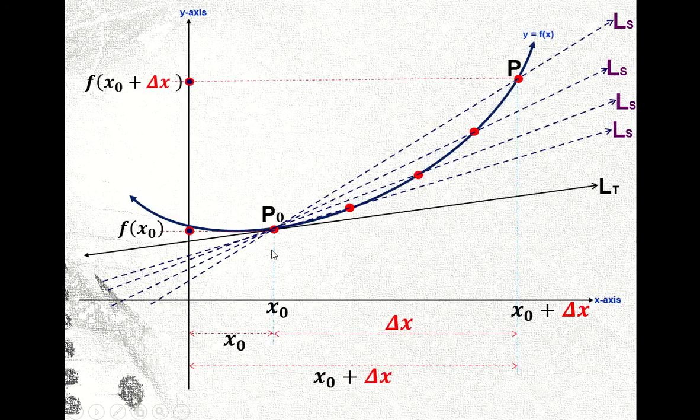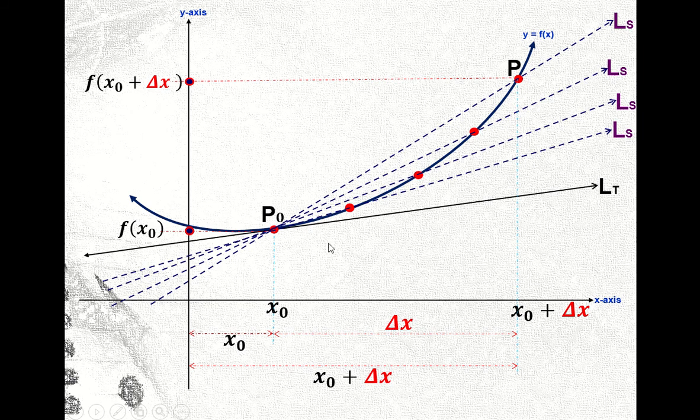What will happen if this point here approaches P sub 0? So originally point P is from here, it moves down to this point, to this point, and if it moves further up to this point, we will say that the secant line approaches the tangent line.